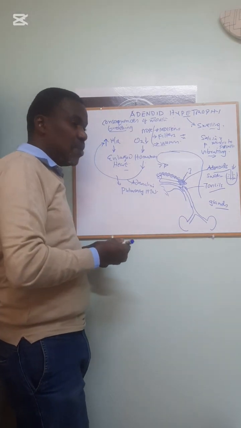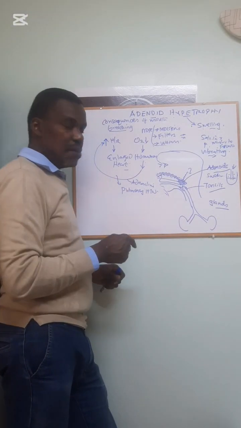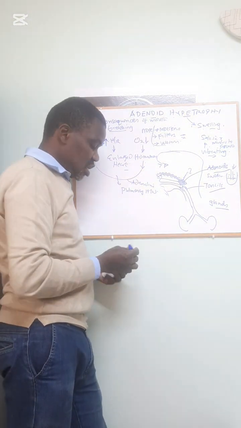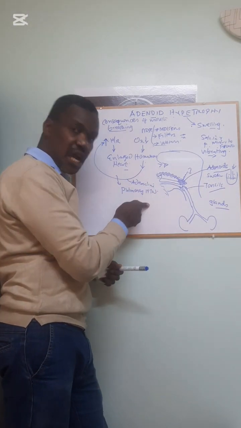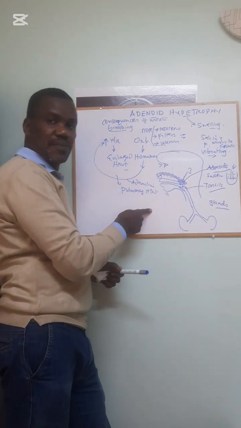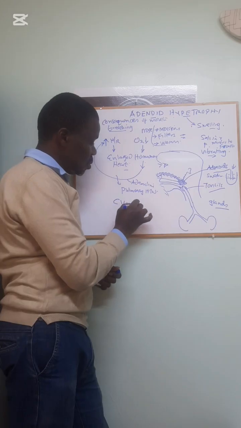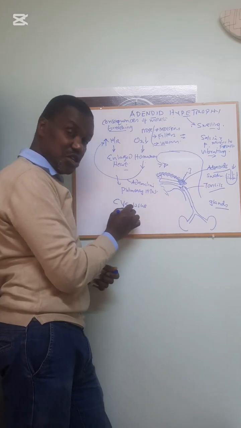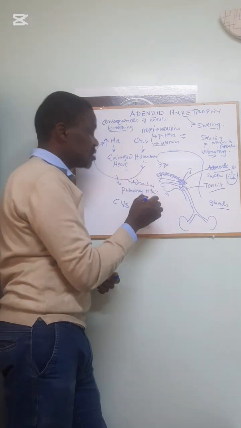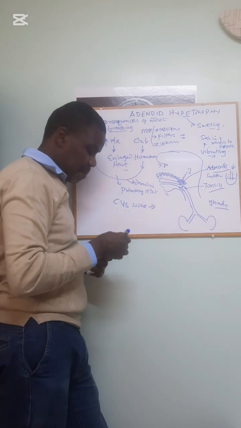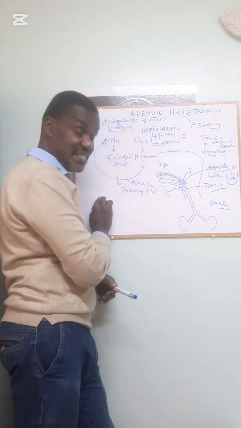You'll find that the blood pressure from the heart to the lungs becomes high, because these hormones tend to constrict those blood vessels, thereby increasing the pressure. Now, with these two conditions, we are into a CVS issue, a cardiovascular system issue that was not there but has been caused by adenoid hypertrophy. It is that serious.